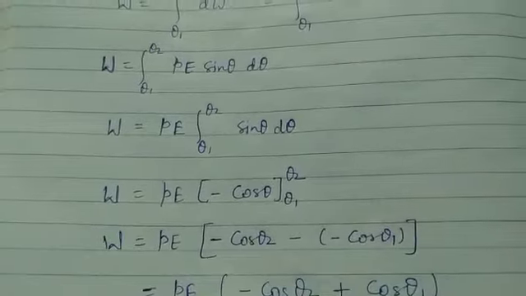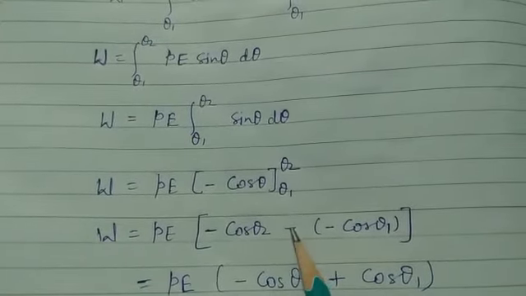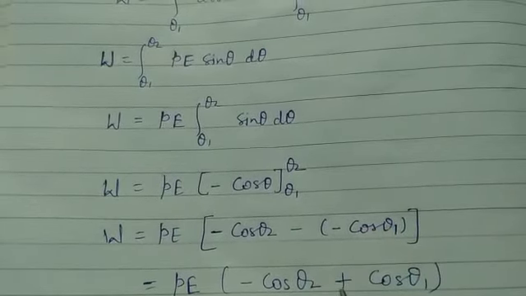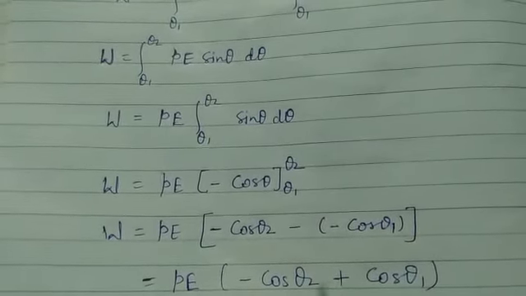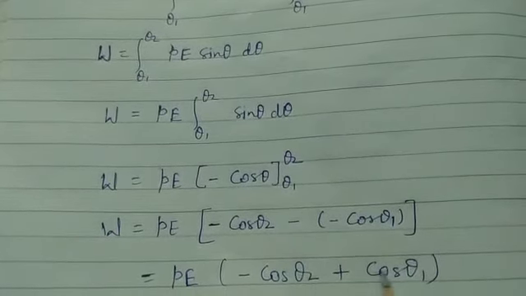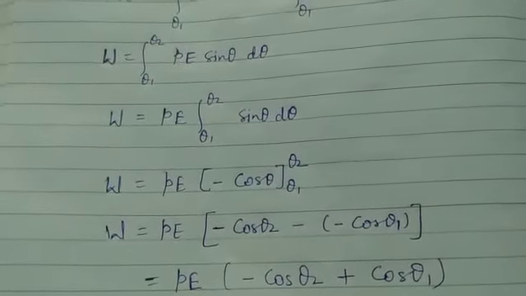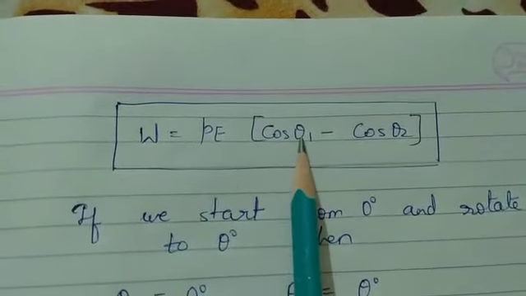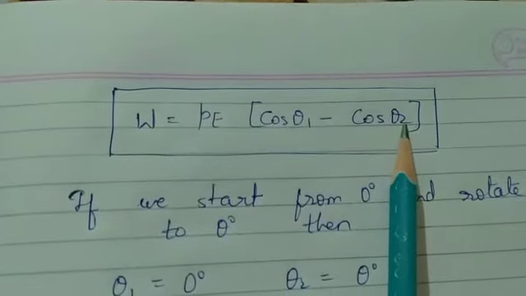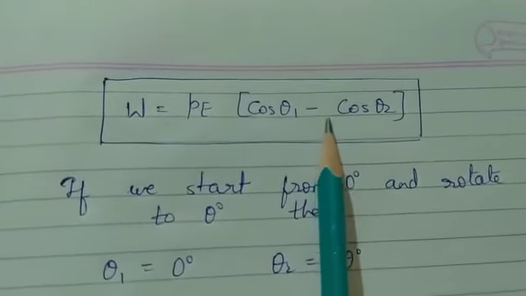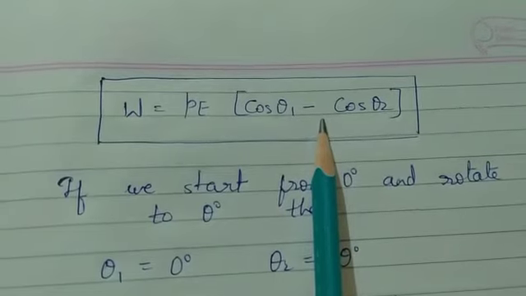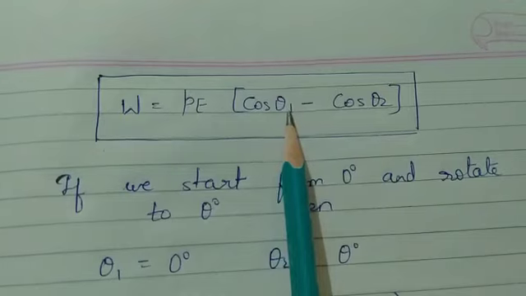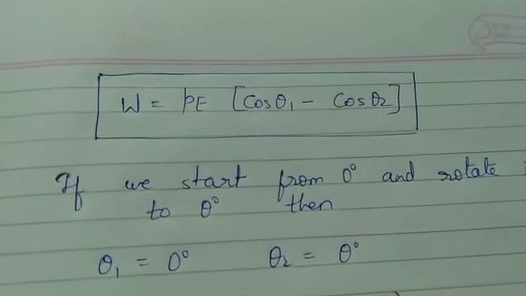Minus and minus become plus, so PE times minus cos theta 2 plus cos theta 1, or it can be written as W equals PE into cos theta 1 minus cos theta 2. So this is the equation for work done when the dipole is rotated from theta 1 to theta 2.